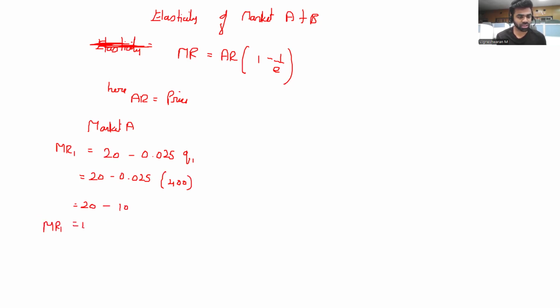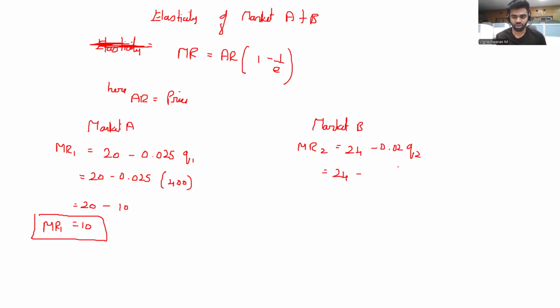So MR1 is equal to 10. Now for market B, the MR2 equation is 24 minus 0.02 Q2. 24 minus 0.02 into 700, so 24 minus 14. So MR2 will be equal to 10.